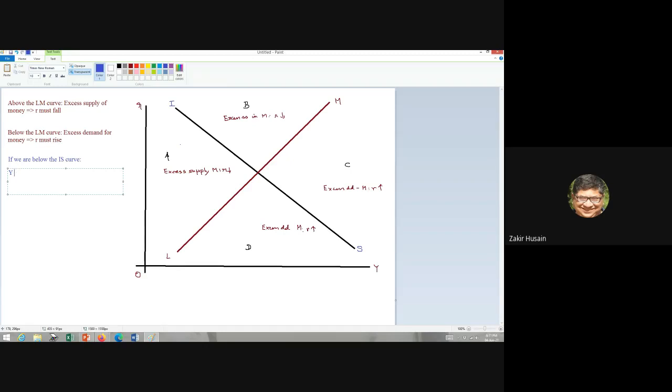At this point we have excess demand, and above the IS curve, we will have excess supply in the commodity market.